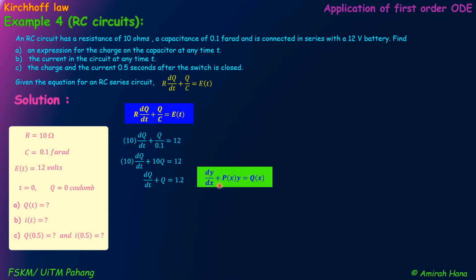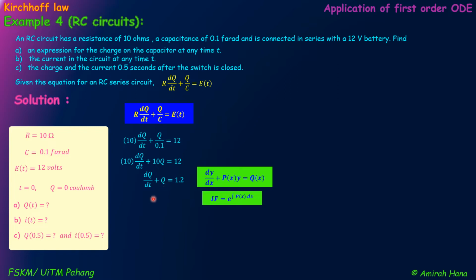Under a linear differential equation, we need to find the integrating factor, IF, which is e to the power of the integral of P(x) dx. P(x) means the coefficient of y. In this case, our P(t) equals 1, which is the coefficient of q.